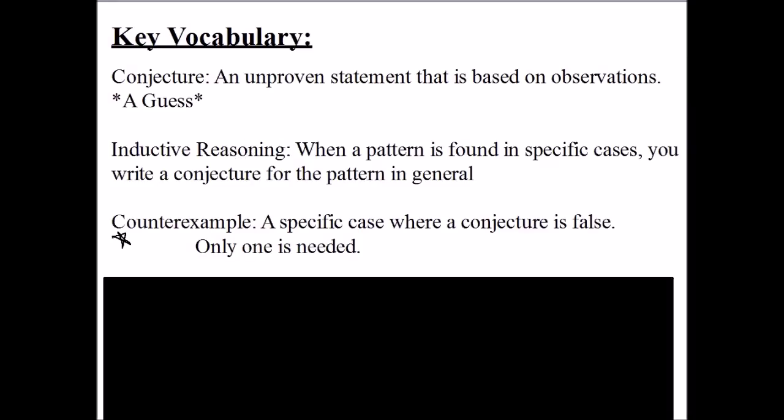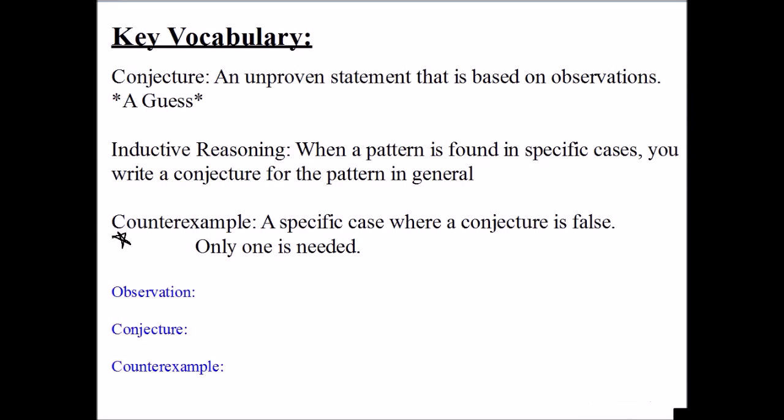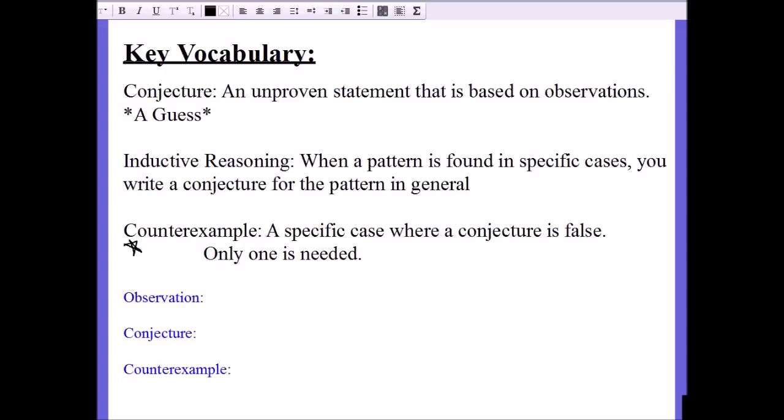So let's go with a specific example. Let's say something that we're going to observe. Let's say, for example, that it rains every 3rd Wednesday of the month.